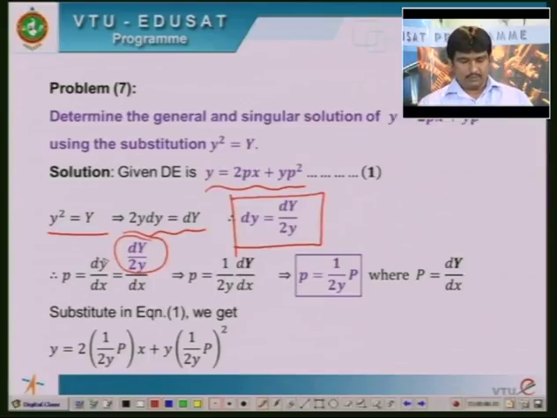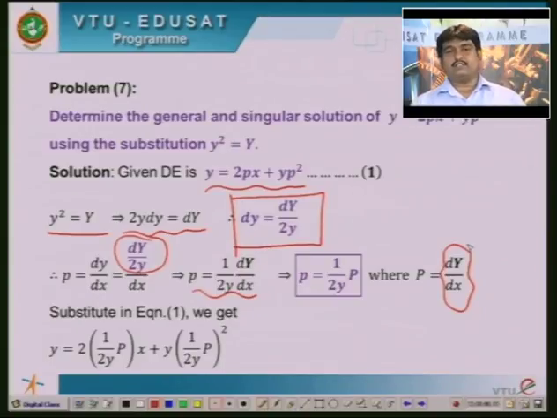This implies small p equals 1 divided by 2y into d capital Y by d small x. Now I will denote this derivative d capital Y by d small x, that is, I have just changed the dependent variable, the independent variable is x only. This derivative is denoted by capital P.